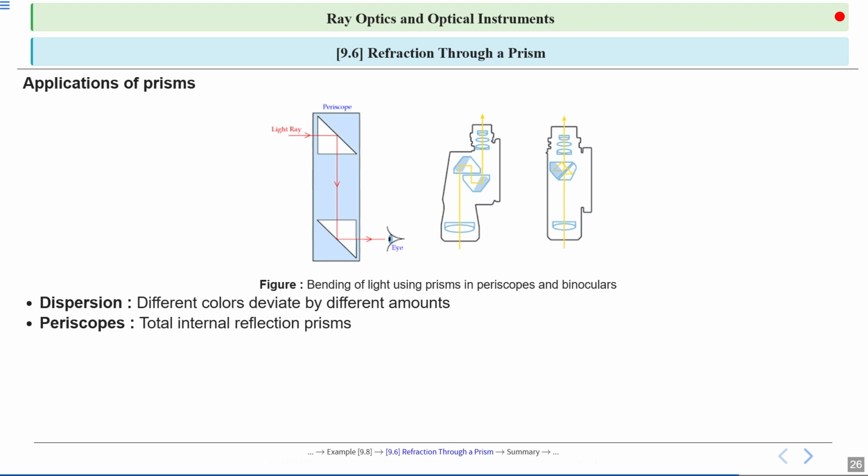There is no direct line of sight. We have to bend the light two times by 90 degree deviation to see the object outside. Light travels in a straight line, so we have to use the prism and the concept of total internal reflection to see the object outside.